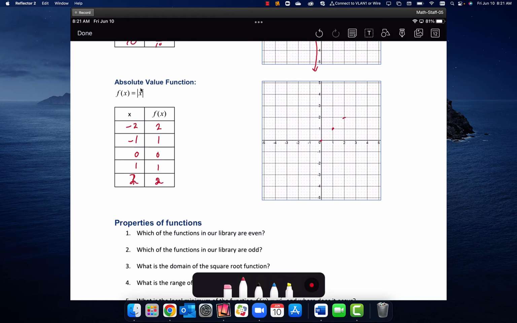Plot your points, and we get a V shape. There is a sharp corner here. That V shape happens when you have absolute value. It's not a smooth curve like quadratics or other polynomials. There is a distinct V shape with absolute value.